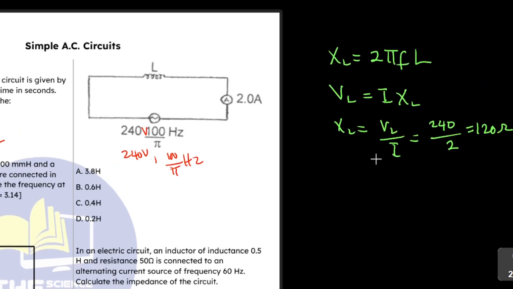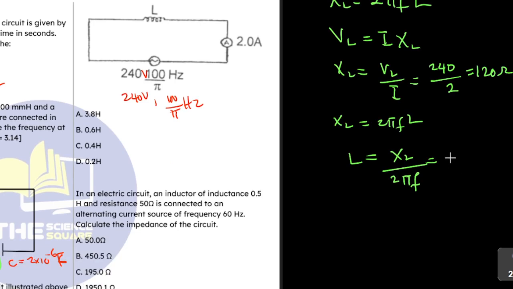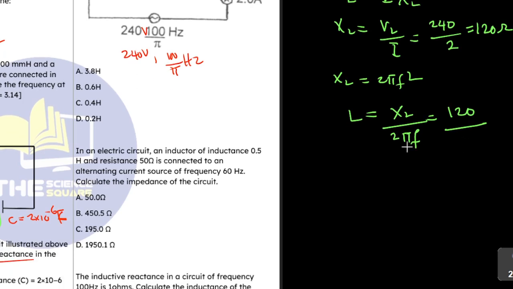Since we know that it is 120 ohms, and from XL equals 2 pi FL, L is going to be XL divided by 2 pi F. XL has been calculated as 120 and F has been given as 100 over pi. So pi cancels, and we have 120 divided by 200.